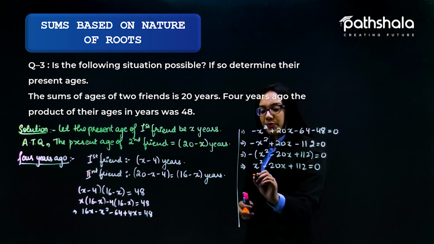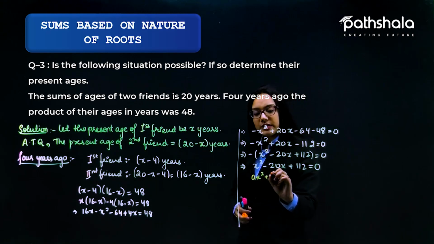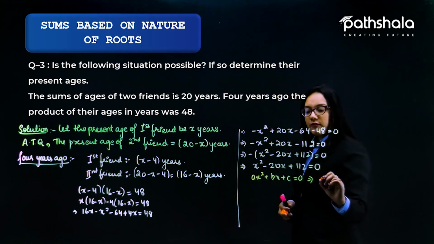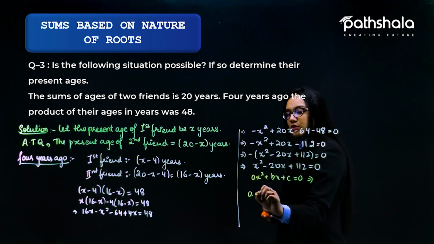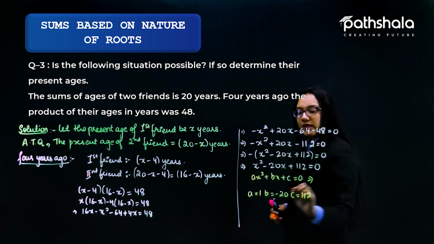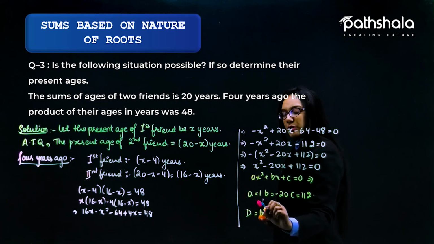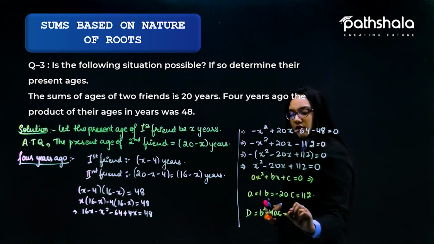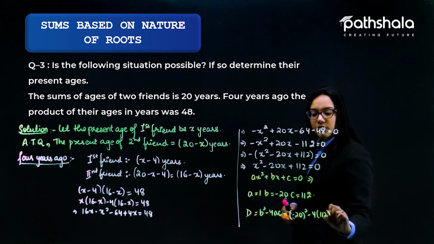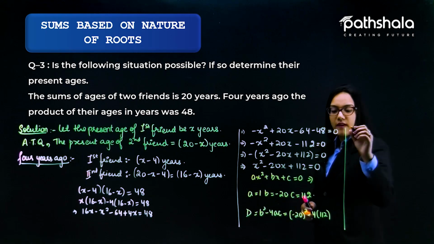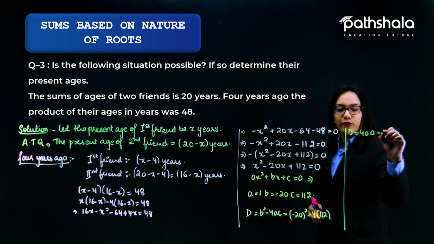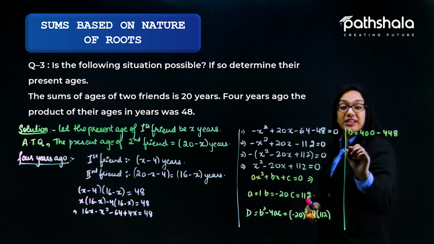For ax square plus bx plus c equal to 0, if we compare these two equations, we have a as 1, b as minus 20, c as 112. So D is b square minus 4ac. Plugging in all the values, this is minus 20 square minus 4 into 112. Further we have the value of D as 400 minus 448.